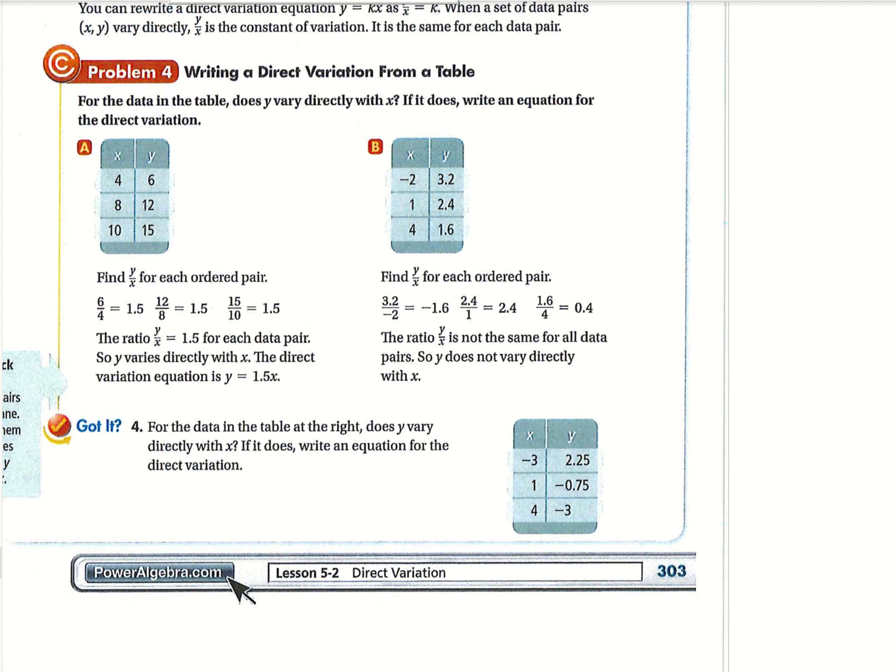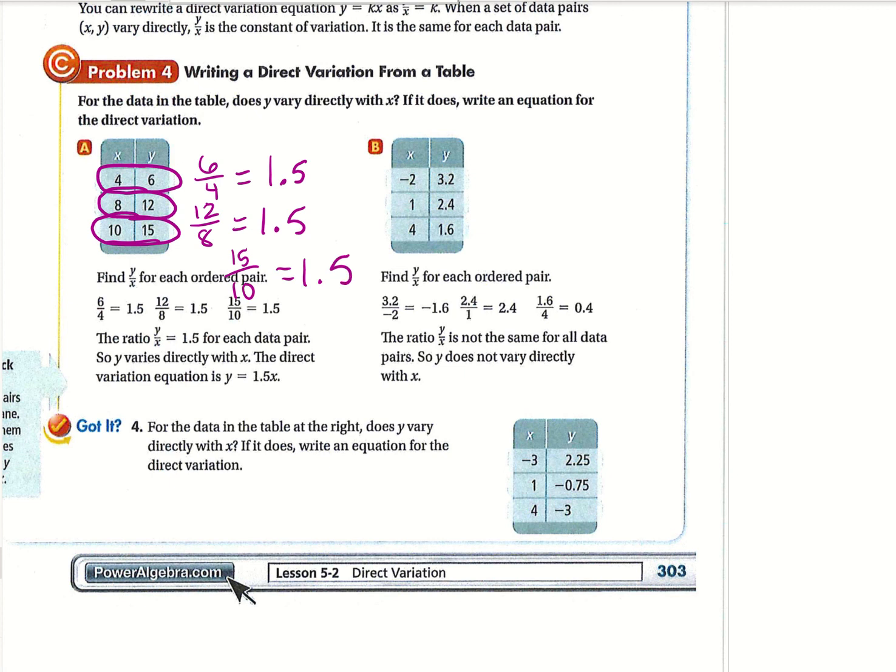All right, so basically what you're going to do is look at the table and compare these ratios. All right, so we're going to look at it as rise over run still. So for the first one, we'd have 6 over 4, which is 1.5. 12 over 8, which is 1.5, and then 15 over 10, which is again 1.5.